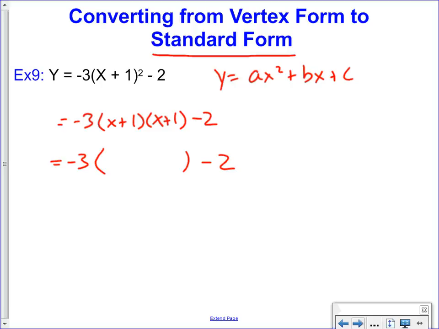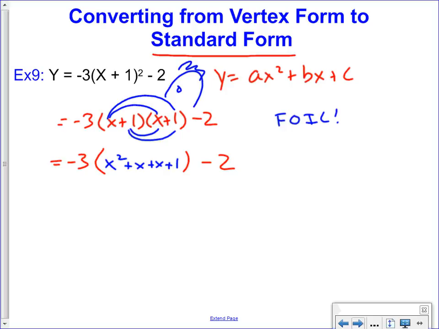FOIL. F stands for first, so x times x, x squared. O stands for outer, x times 1. Plus I, inner, x. Plus L, last, plus 1.